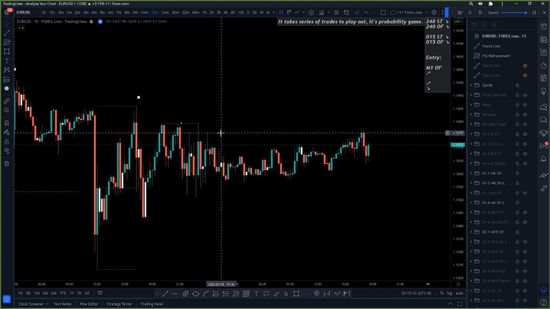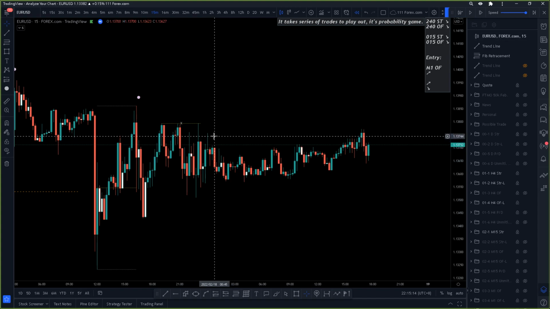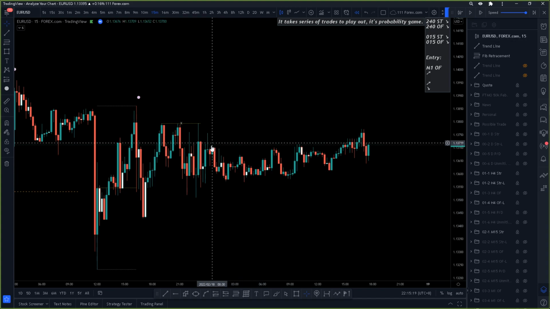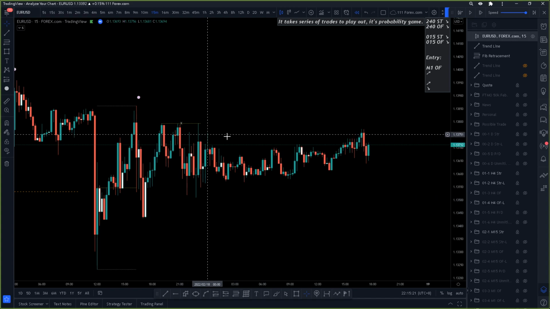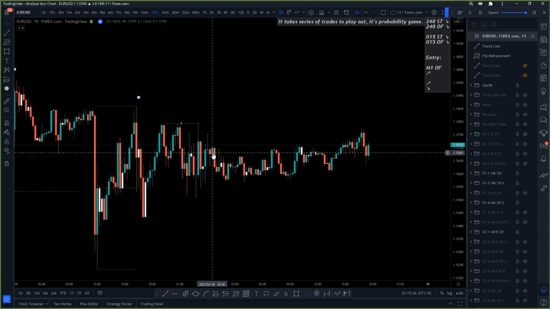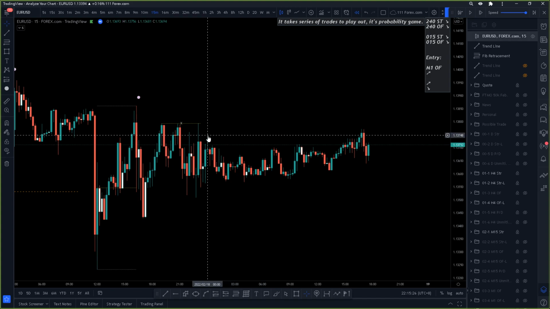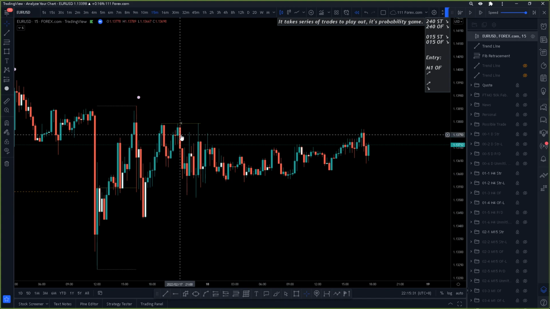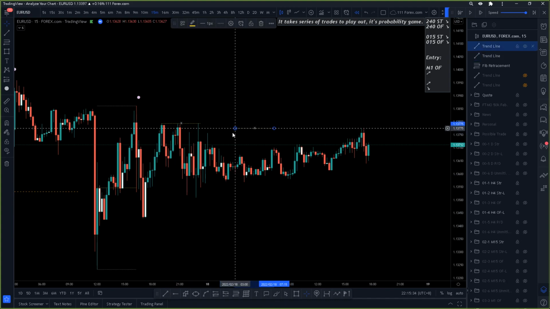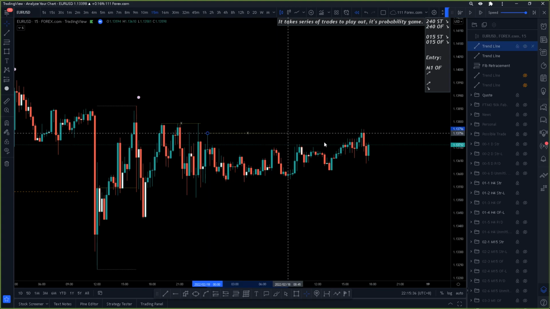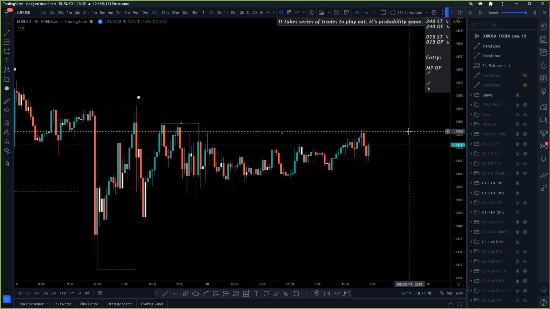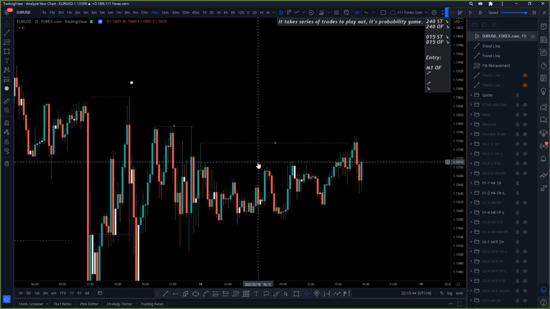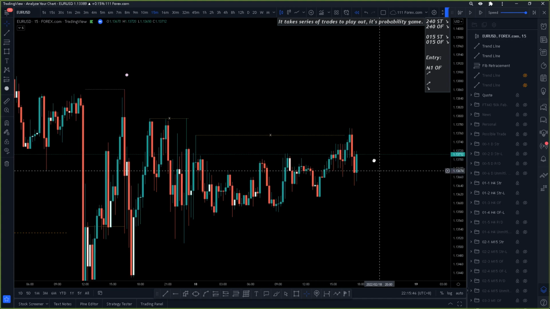The reason why it will react from here is that the sell here is not so good, because it didn't tap anything. Looking at here, yep, it only tapped into the equals around here.